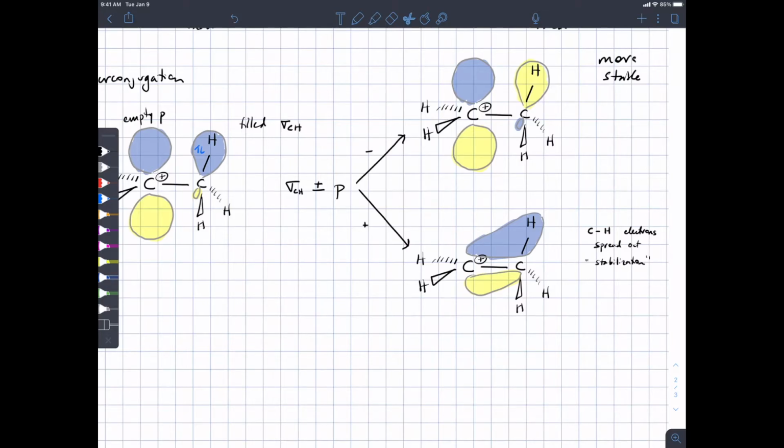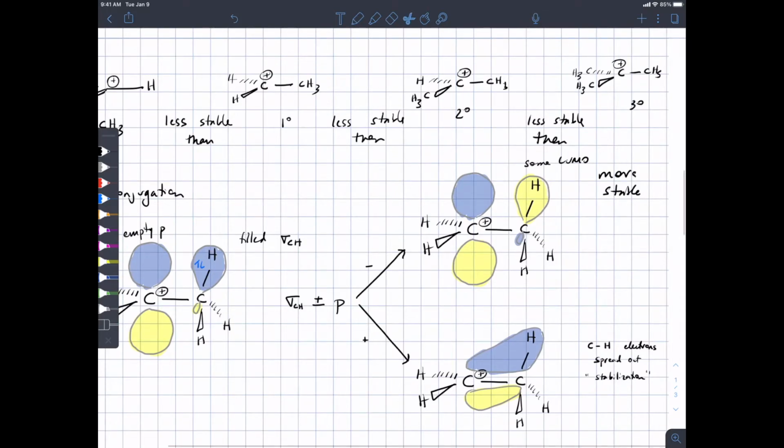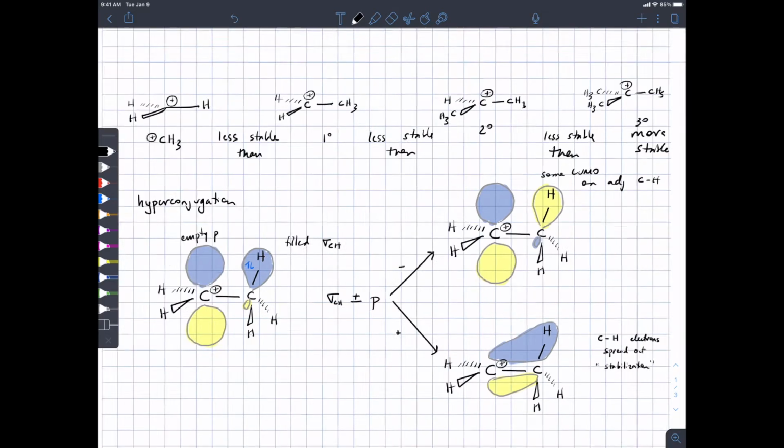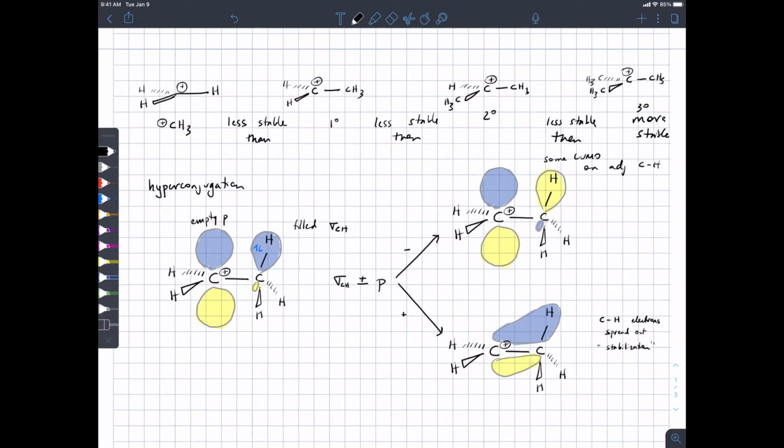Most of it is still on the carbon, but some LUMO now is on the adjacent carbon-hydrogen bond. Okay, that hopefully is a bit of a review.